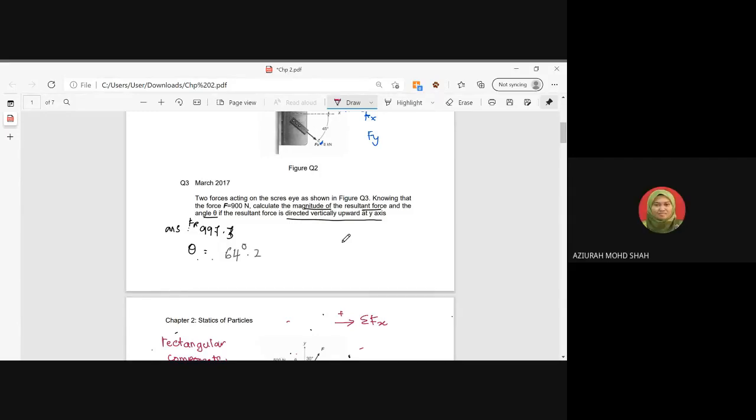Yes, because the question asks you to find the resultant force. Okay. Secara logiknya, kalau jarang-jarang lah keluar, tapi secara logiknya kita memang dah tahu dah. If it is in equilibrium, the resultant force is equal to 0. Kenapa nak cari lagi? Kita dah tahu dah kosong. Maksudnya kalau dia kata soalan equilibrium, dia tanya resultant force, itu memang bonus nak bagi kamu markah lah. Because everybody should know it is equal to 0.